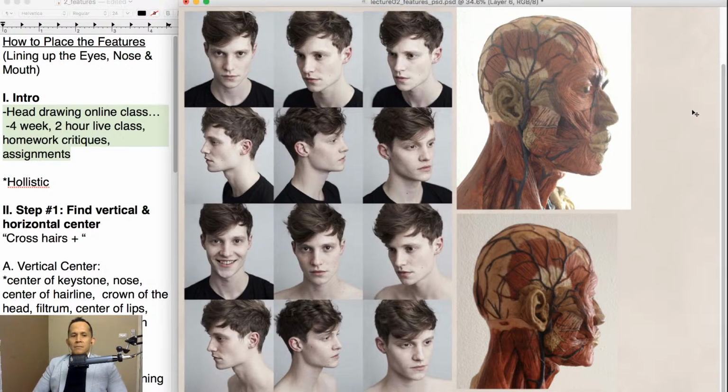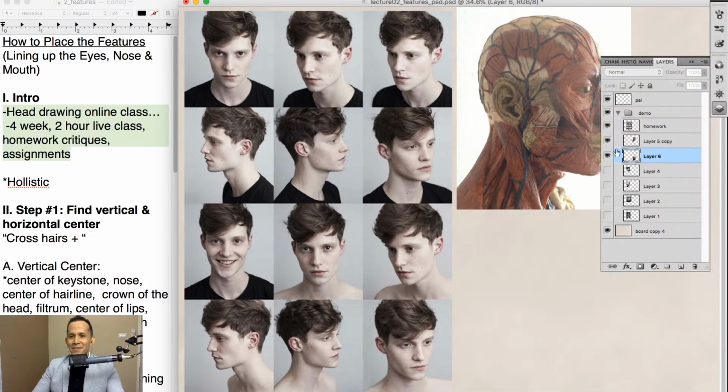All right, so really, I look at features. The first thing I try to do, in fact, when I start any head drawing, is I try to find what I call the crosshairs, which is the vertical center and horizontal center. Well, after I find the shape. Let me just quickly review, it might be helpful.